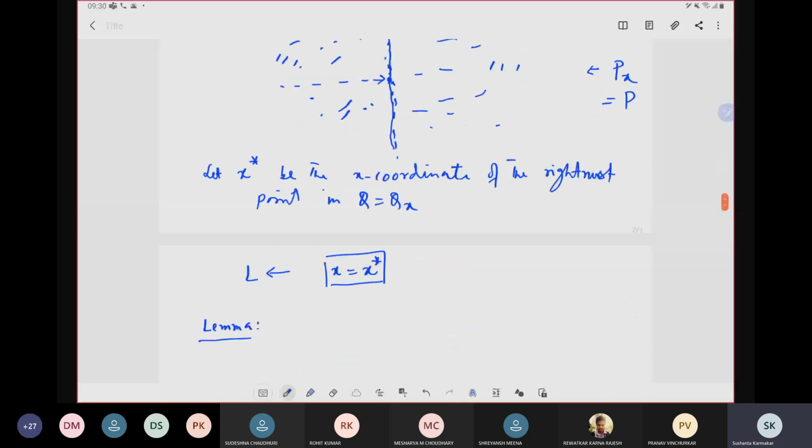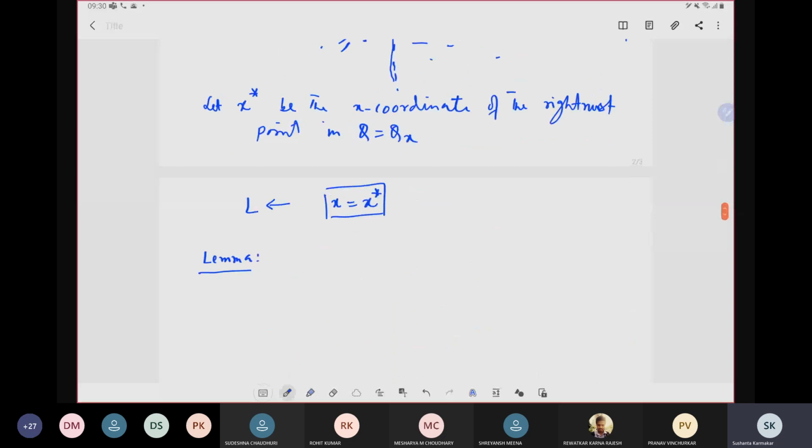So the lemma says, if such a thing exists, I mean, if there is a q which is in Q, and there is a small r which is in capital R, okay, such that the distance of these q and r is strictly less than delta.